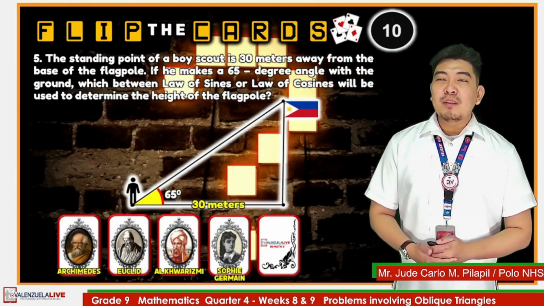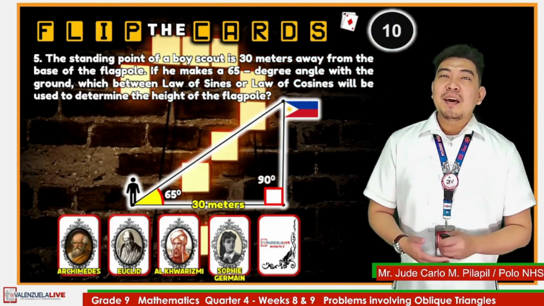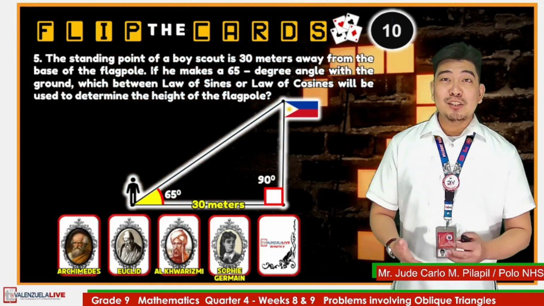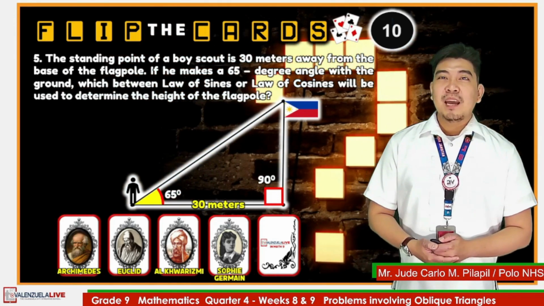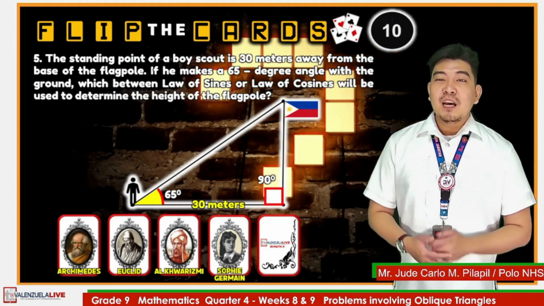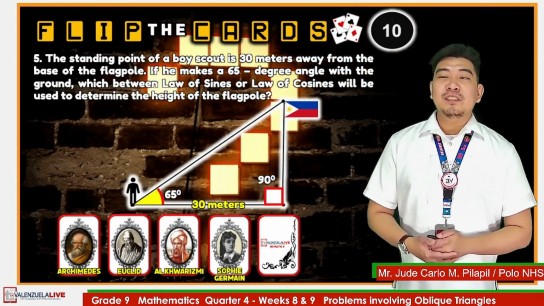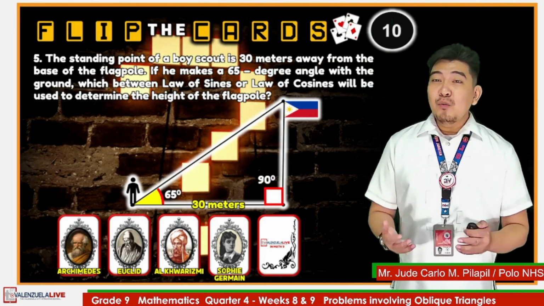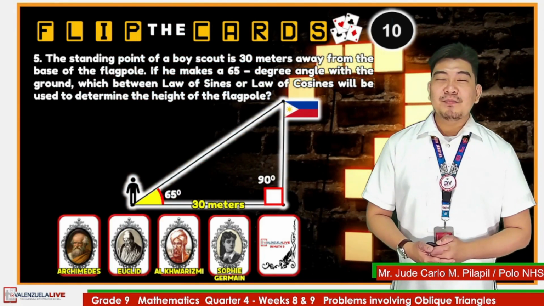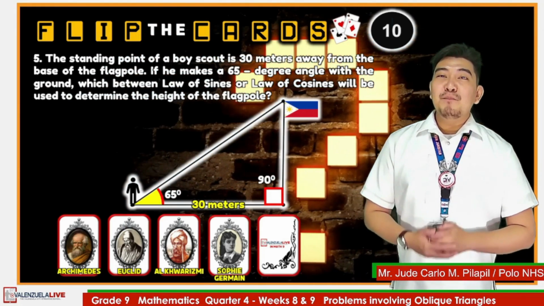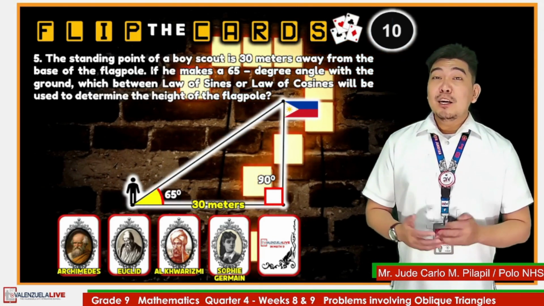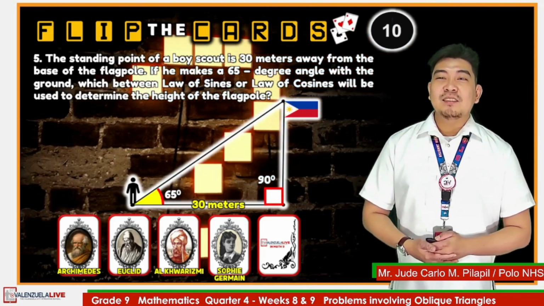Since the flagpole is perpendicular to the ground, it forms a right angle that measures 90 degrees. Analyzing it further, two angles and an included side are given, following the ASA pattern. Hence, we can compute for the height of the flagpole using the law of sines.